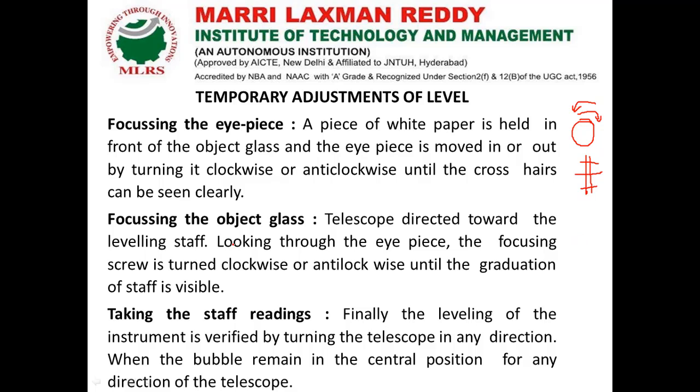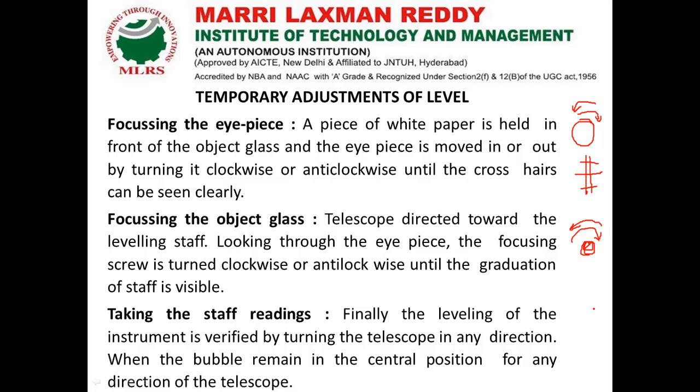The second operation is focusing the object lens. Here, with the help of the focusing screw present in the telescope, by rotating clockwise or anti-clockwise, we make the object in front of the telescope clearly visible.